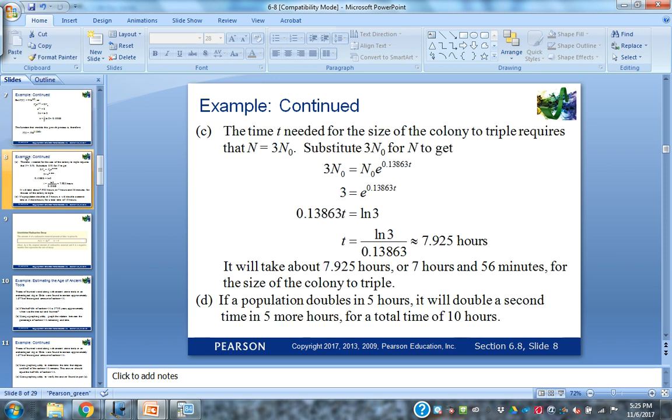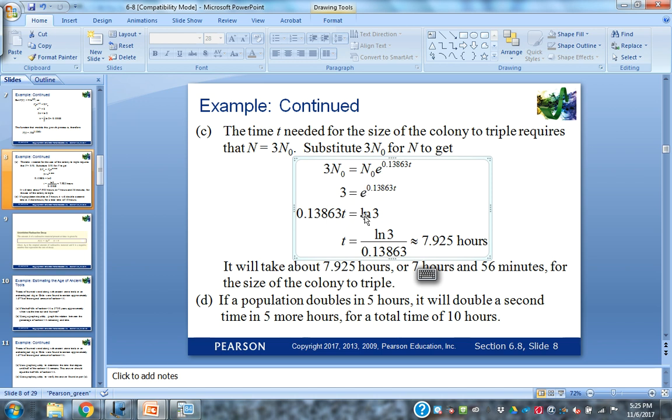Okay, now the next part asks us to do, when does it triple? So tripling, set up the formula with a 3 on one side, a 1 on the other. That's what this line right there is. See where my cursor's at. 3 on one side, there's a 1 in front of that on the other. Solve it.